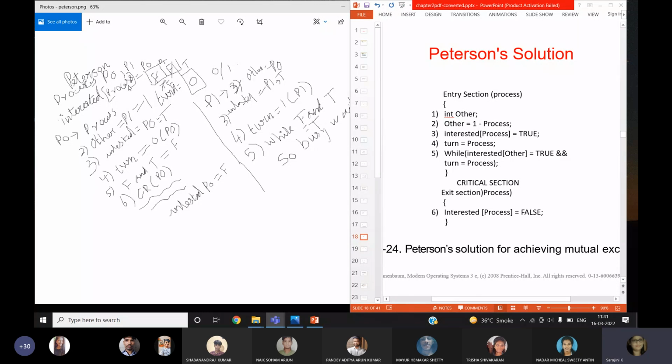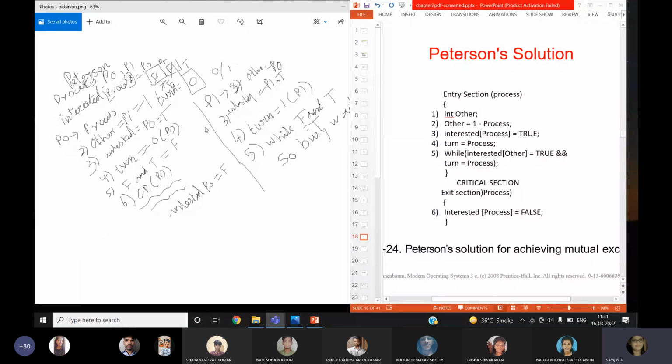Now first we assume that the P0 process is initiating the execution. Now come to the algorithm. There is an integer called other. Other is the name of the variable, and other equals 1 minus process. Now, what we assumed is that process P0 started the execution first.